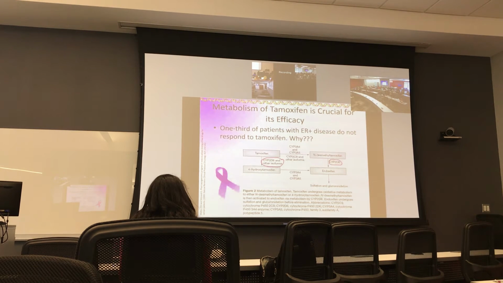doing all the work. Tamoxifen undergoes extensive metabolism to several primary and secondary metabolites that have varying pharmacological activity compared with the parent drug.